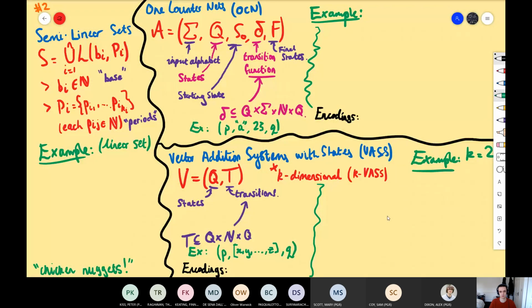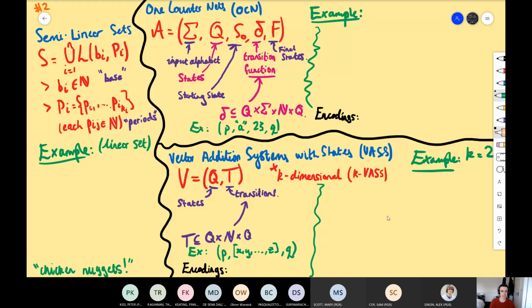So I'll define the three types of objects, if you will, that I like. So semi-linear sets, one-counter nets, and vector addition systems with states. There's a lot going on, so I'll talk you through and then I'll pen up an example, so hopefully it's clear. A semi-linear set is a finite union, i equals 1 to n, of these guys, and L(Bi, Pi) represent linear sets.